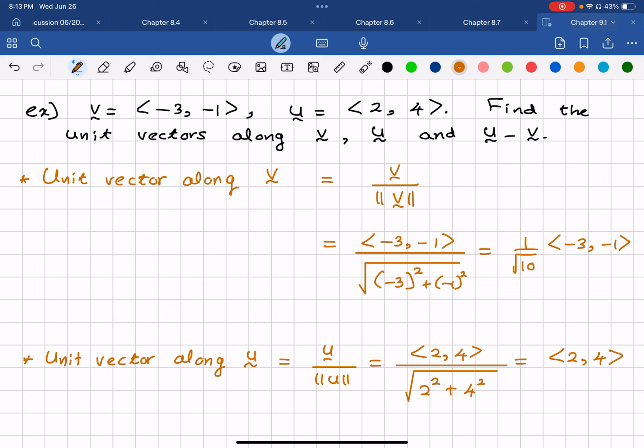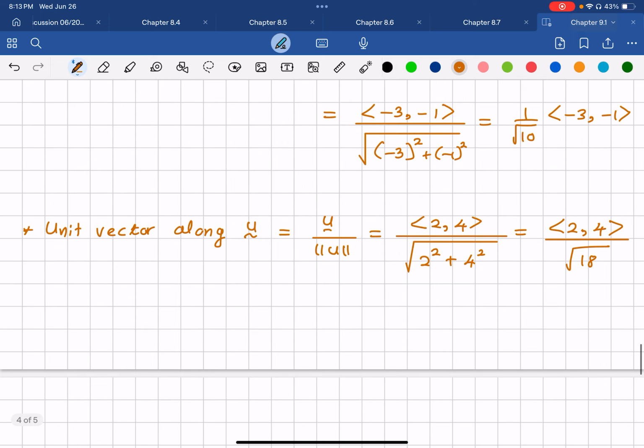So I have 2, 4 divided by, 2 square would be 4 and 4 square would be 16, I would get a square root of 18. Okay.